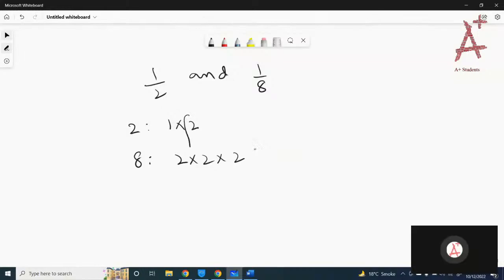Got it? 2 is a common factor, and the rest of them, 2 times 2 times 2. So 2 times 2 is 4, and 4 times 2 is 8. That means the least common denominator is 8. Got it?